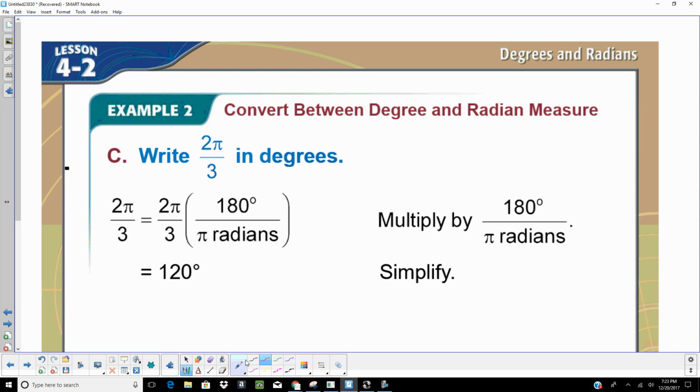And what's nice is my pi's cancel. 3 goes into 180 60 times. 2 times 60 is 120. So I'm going to be left with 120 degrees. If I were to visualize that, it would start on the positive x-axis, go counterclockwise, and that would be approximately 120 degrees.